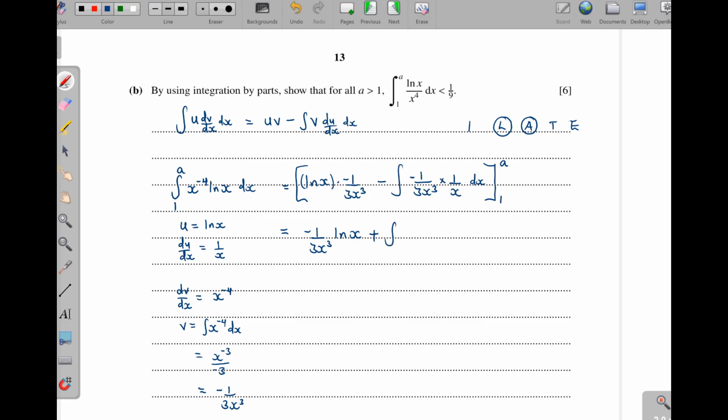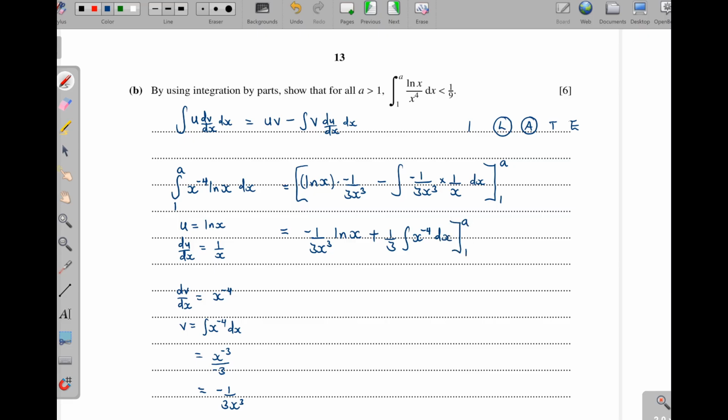Then the integral, I can take this 3 outside, so we can get a third, then the integral of what do we have here? X power 3 times that x there, we have 1 over x power 4, but that is the same as writing x to the power of negative what? 4, then with respect to x.